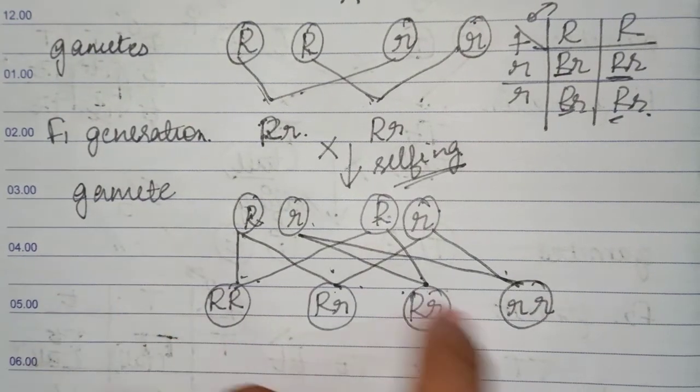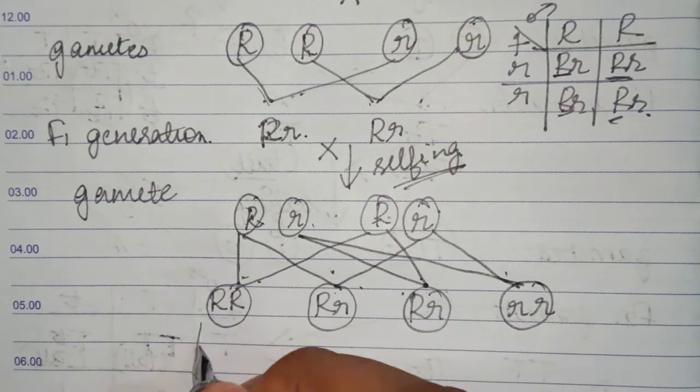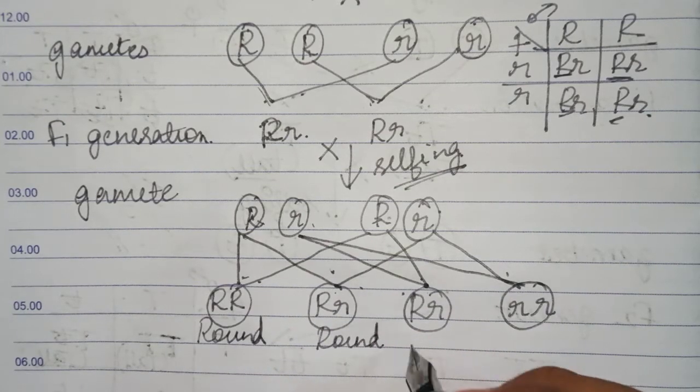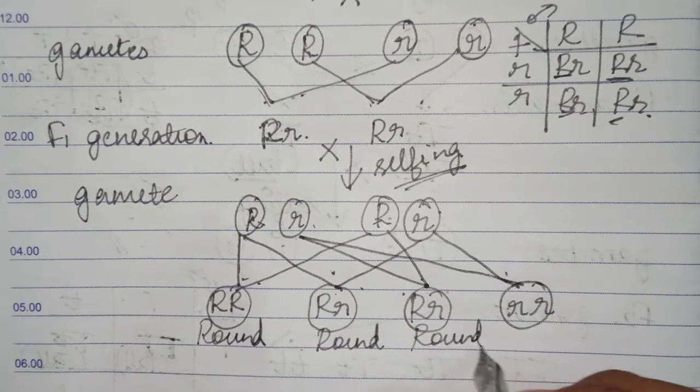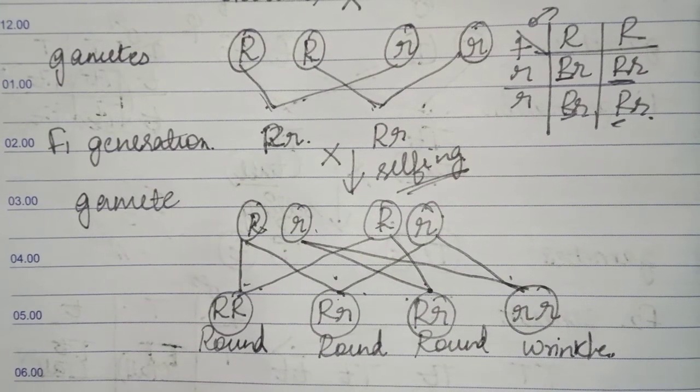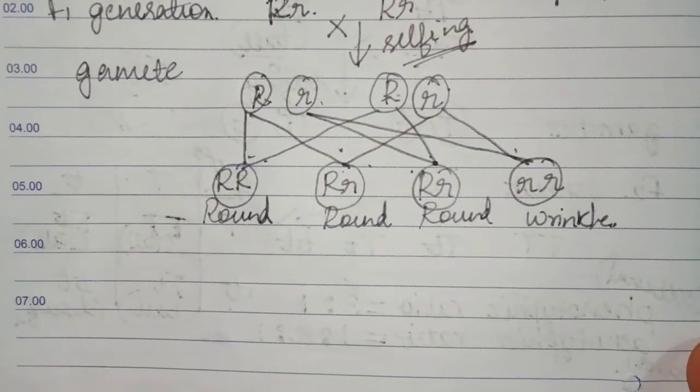Small r with small r gives small r, small r. So this is round, this is also round, this is also round, and this is wrinkled, because no capital R is there.